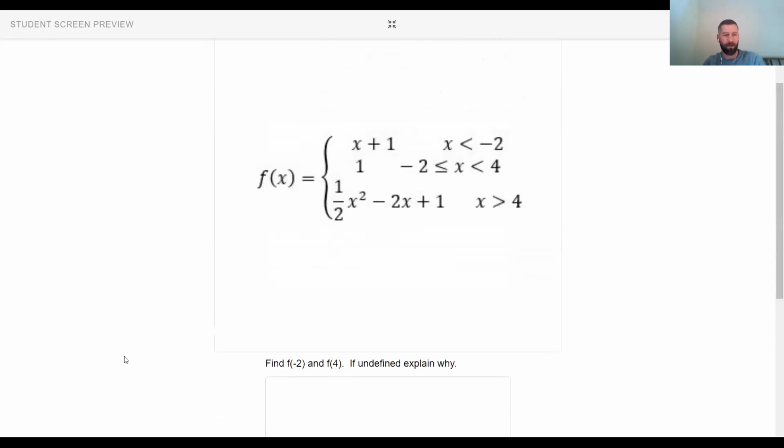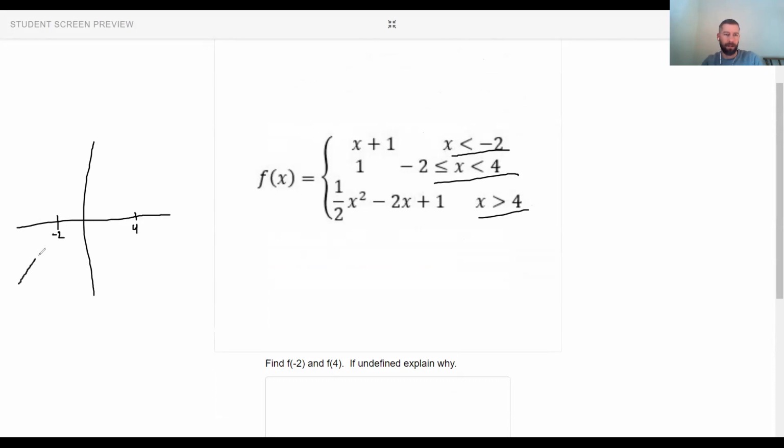If you were to think about this on a graph and what this would look like, this is not an accurate picture, but you would have something like, let's say -2, and then let's say 4 over here, which are where the graph is separated. This tells us the domain for each section, when to use each graph. For anything less than -2, or anything left of -2, I'd be using x plus 1.